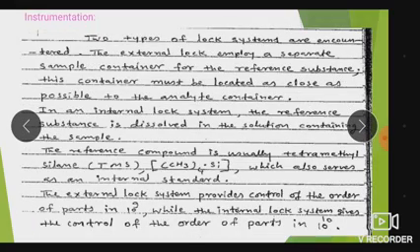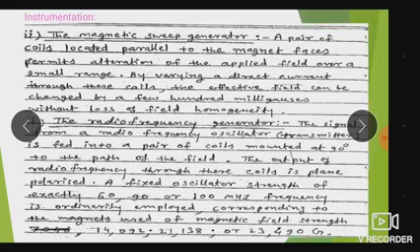So two types of locks are there, the internal and the external. Then the magnetic sweep generator: a pair of coils located parallel to the magnet faces permits alteration of the applied field over a small range. By varying a direct current through these coils, the effective field can be changed by a few hundred milligauss without loss of field homogeneity.